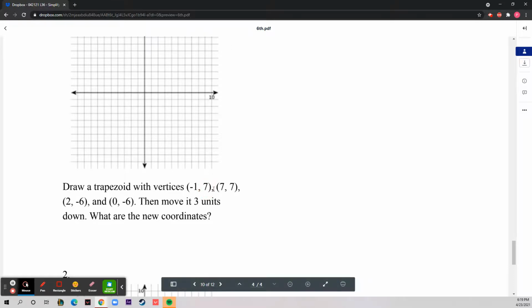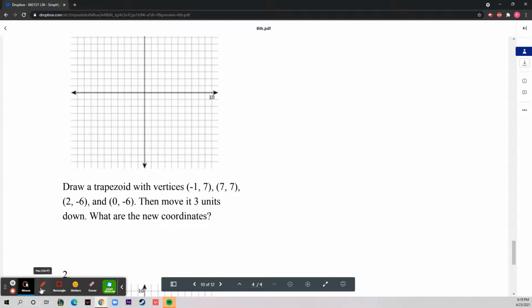And the y value is the second one, so 7, 7, negative 6, negative 6. And by moving it down, it says to subtract 3. So you just subtract 3 from all of the y values.